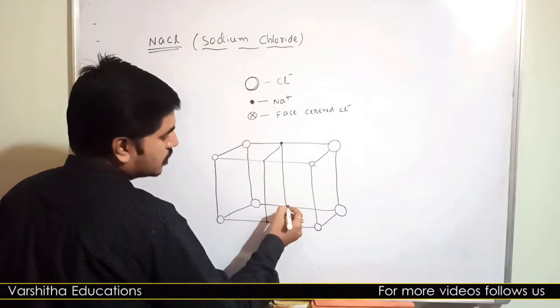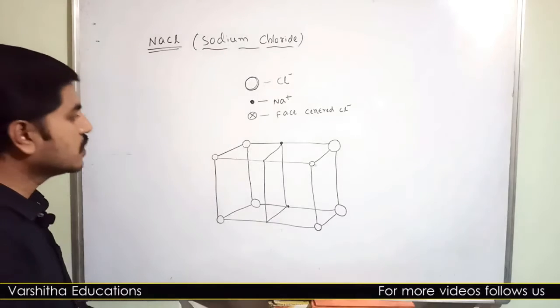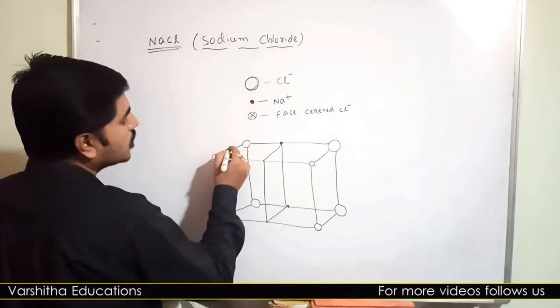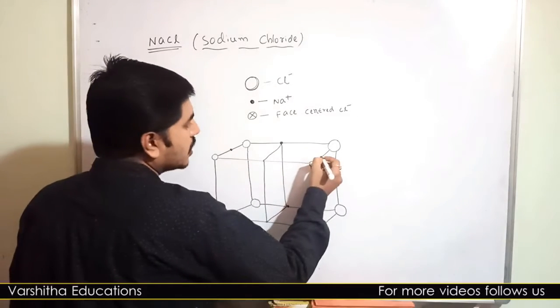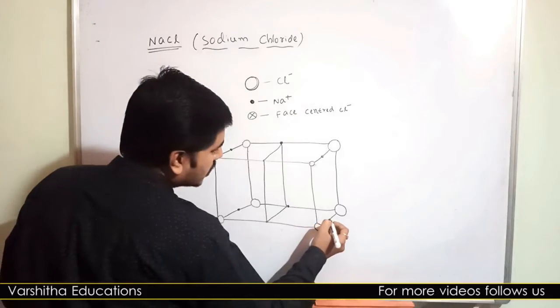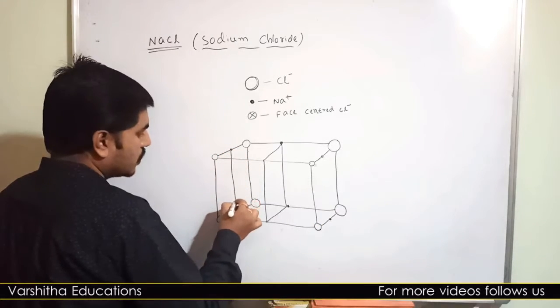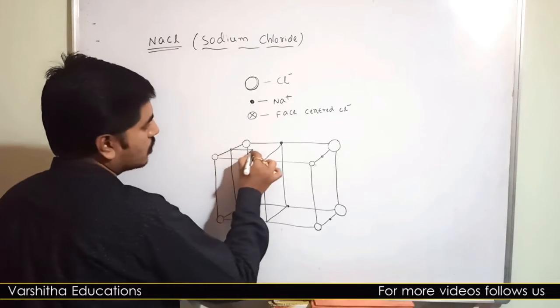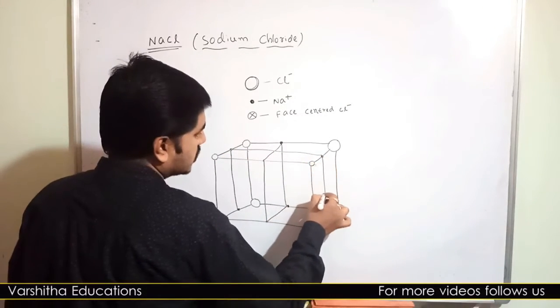Then it is ready to join like this. Next, in between the 2 chlorines I keep a sodium, and here also one sodium, and here also one sodium, and one more sodium. Again I am going to join this one, so it should be like this.